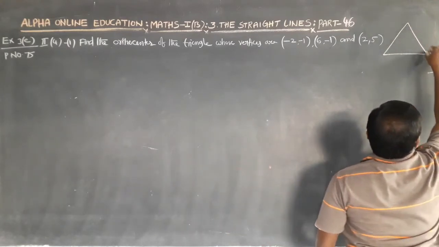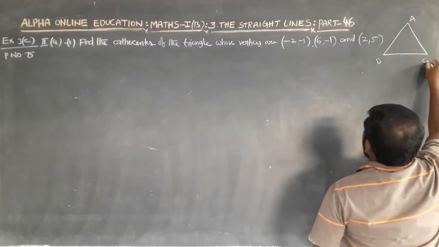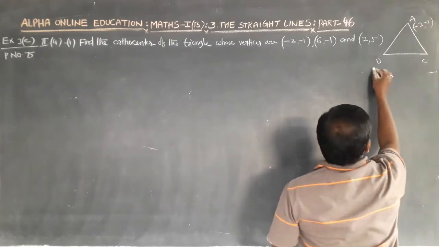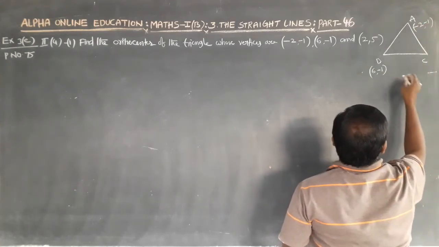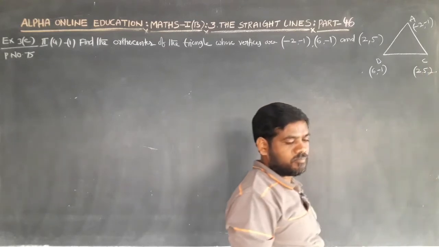This is the triangle ABC. A vertex minus 2 comma minus 1, B vertex 6 comma minus 1, C vertex 2 comma 5.